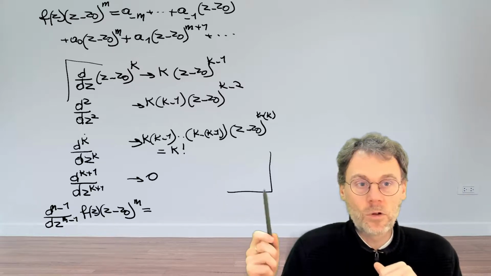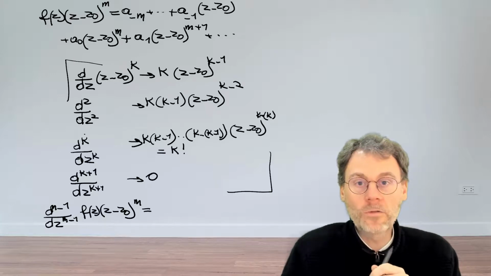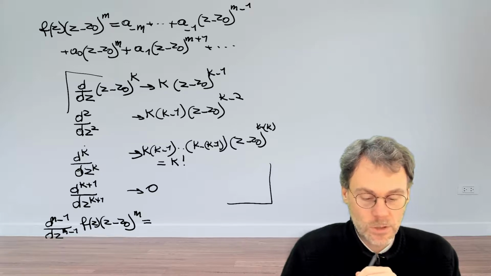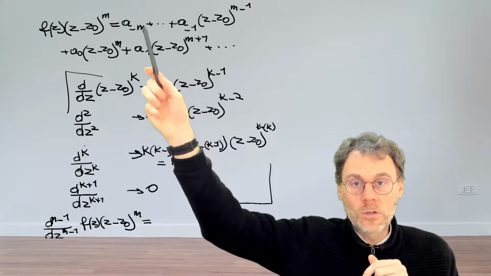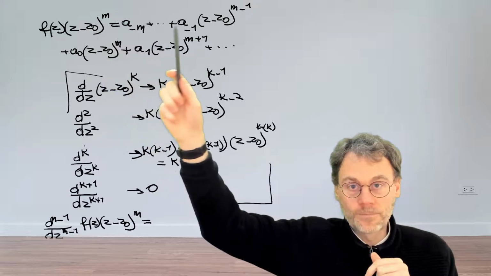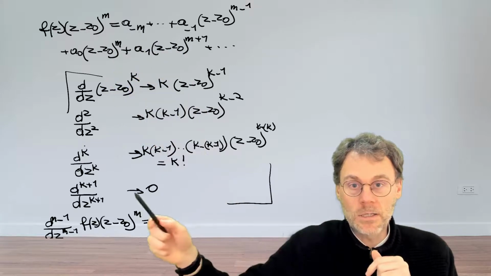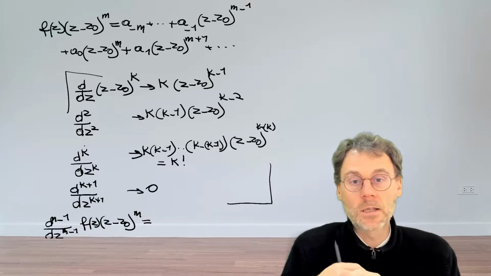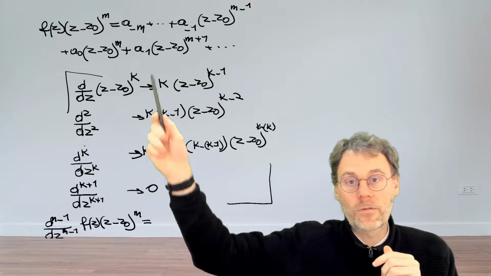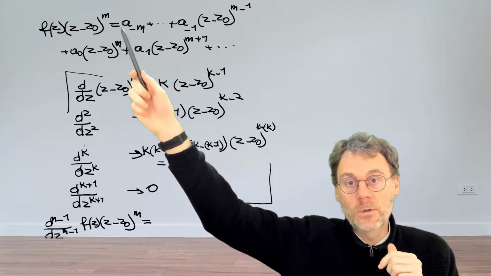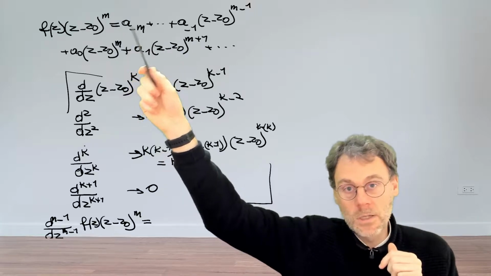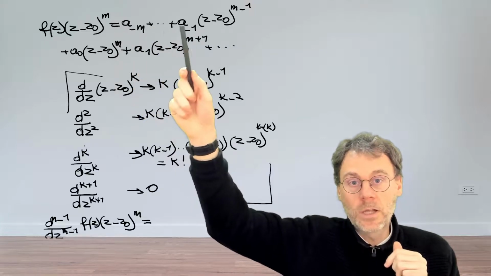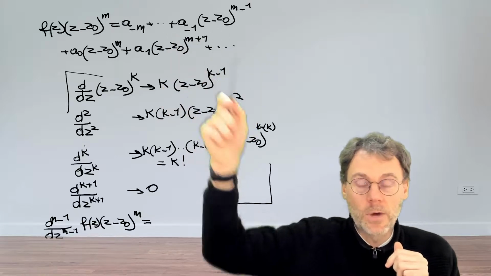Well, first of all, let's take a look at all of the terms that, so let's scroll this down a little bit so that we can see what's going on. So if we take a look at all the terms before a minus 1, we're basically in this situation over here because we're taking the derivative more times than the highest order of z that we have in these terms over here. For example, the first term, if we take the derivative already once, it disappears, and so on and so forth. All these terms will disappear until we end up with this term here, a minus 1.